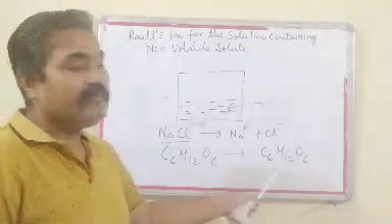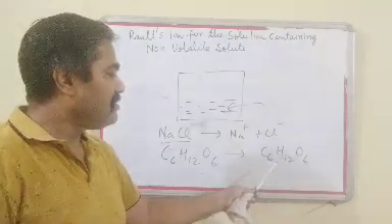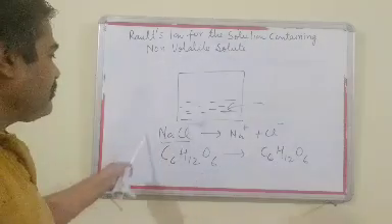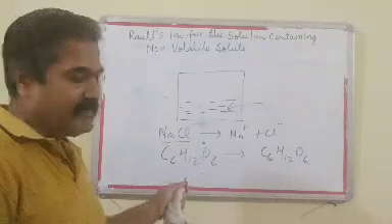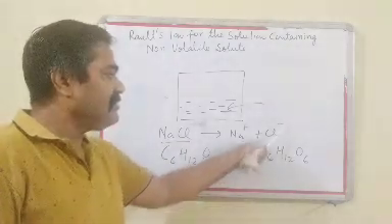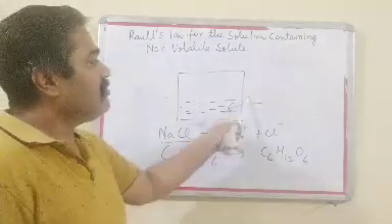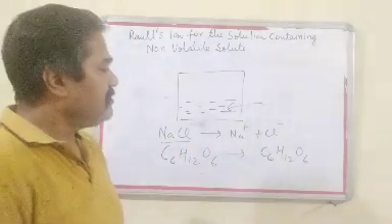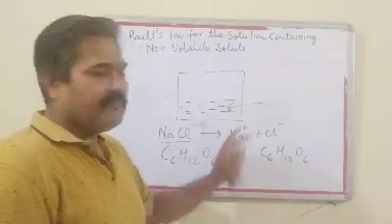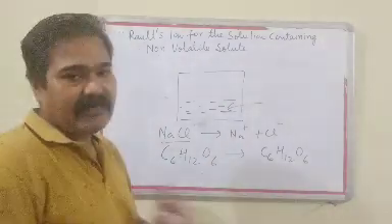So the colligative property will not be affected by this. But here we are adding one particle, sodium chloride, and it is converted into two particles, which means its colligative property will be doubled. It doesn't matter whether they are ions, groups of ions, etc.